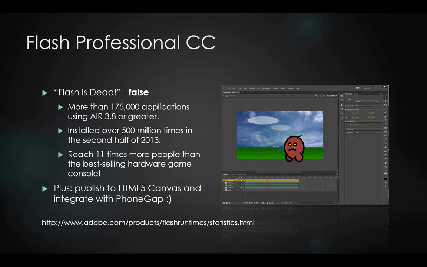So in this case, you're not even dealing with the DOM. You're creating a little canvas object on the stage and just writing different animation and interactivity to that object. So again, this is an older product, but if people are really used to working in Flash Professional to build things, then they can definitely use Flash Professional output to HTML5 canvas and integrate that into a PhoneGap application view.